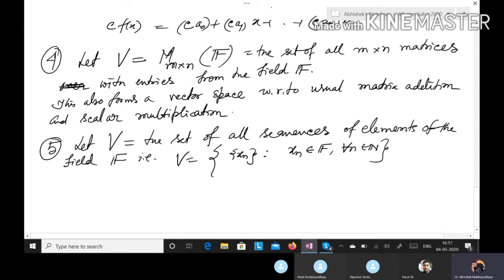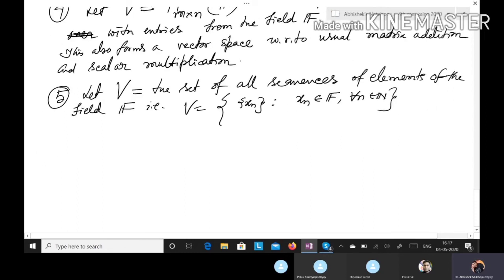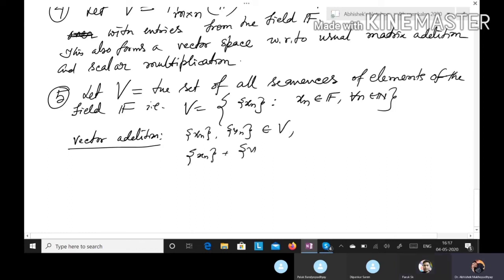Now we define addition and scalar multiplication as follows. So what is vector addition for this set? Given two sequences (xn), (yn) in V, the sum of these is defined as (xn plus yn). Now this plus is from the field F.